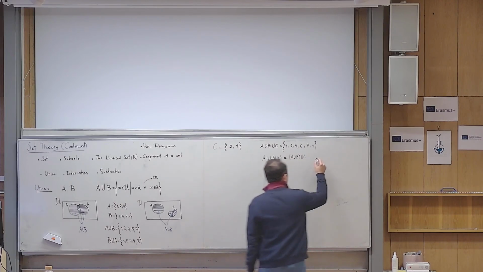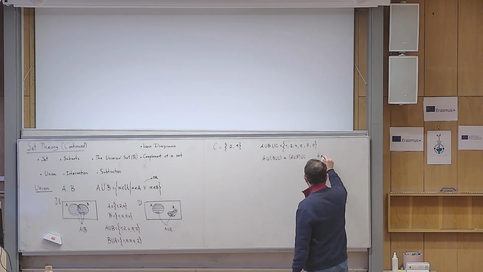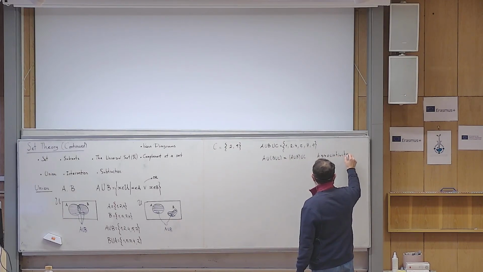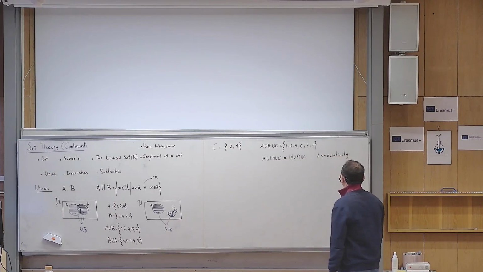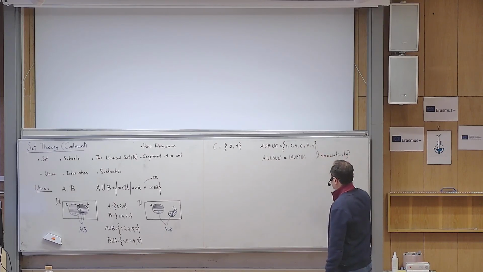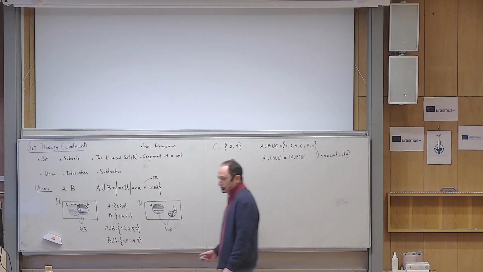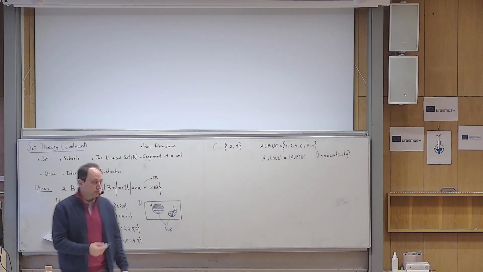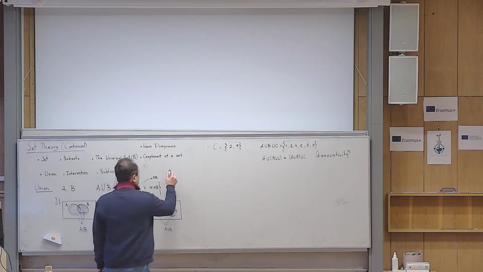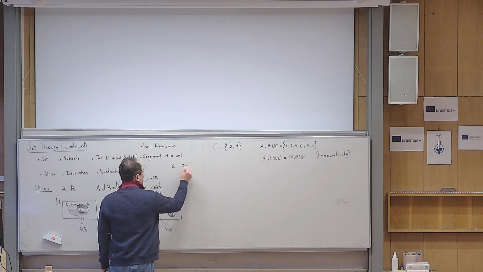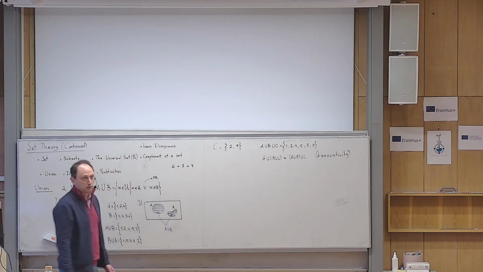So this is called associativity. Yes, this property is called associativity. Of course, associativity is not something related only to the union. For example, if I give you 3 numbers and I ask you to add, you never ask which one I have to do first.